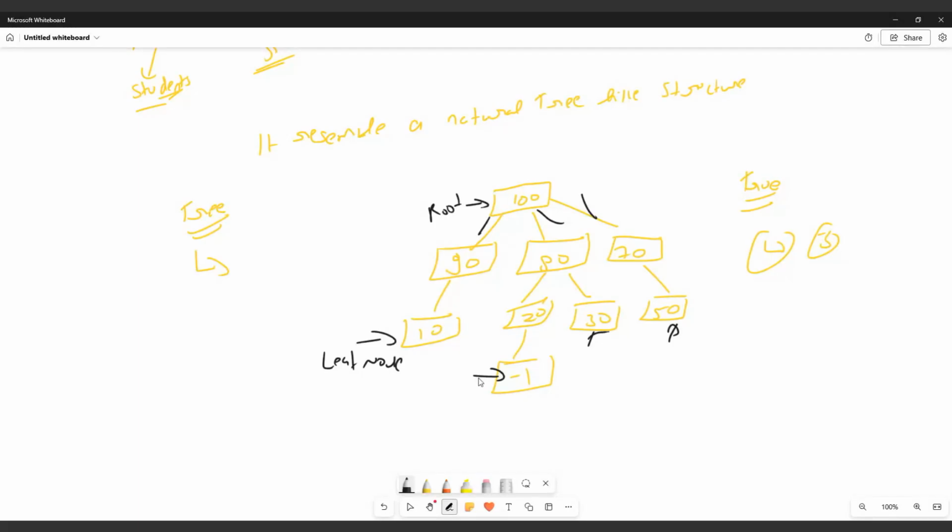Is it clear now? These are the leaf nodes, or we could also call them terminal nodes.